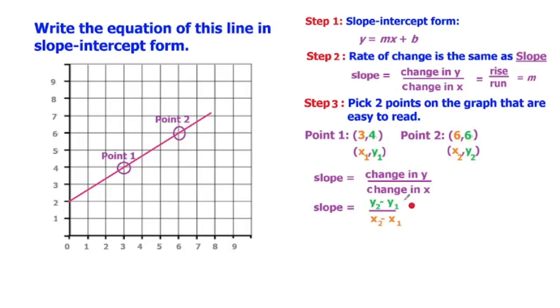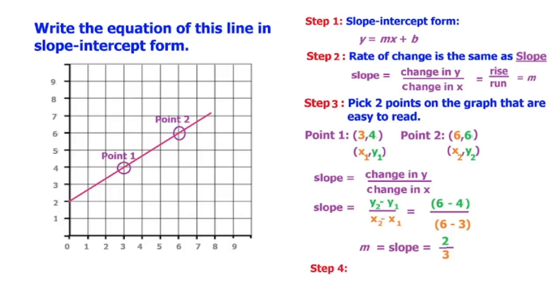Okay, so now we just plug in the numbers into our slope equation. So here we have y2 minus y1, so it's 6 minus 4. And here we have x2 minus x1, 6 minus 3. That's what we have here. So the slope equals 2 over 3.